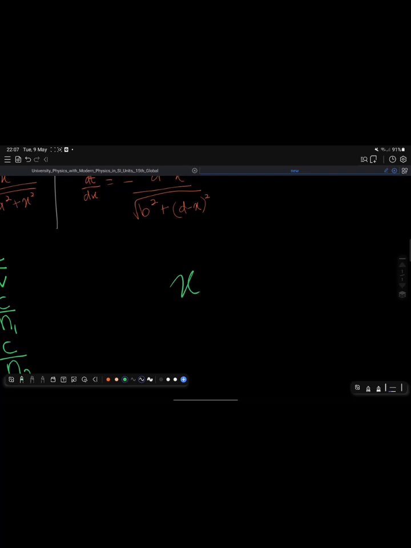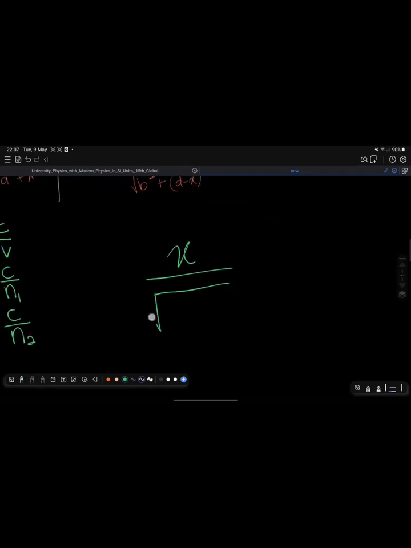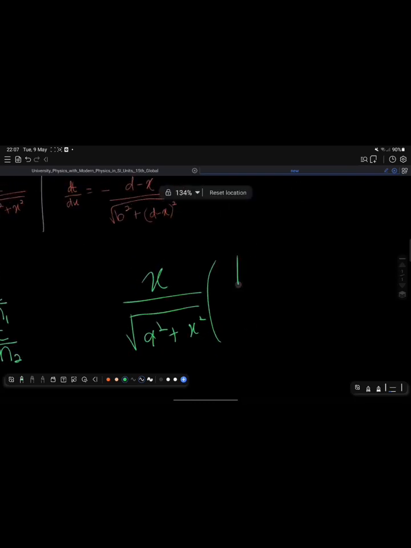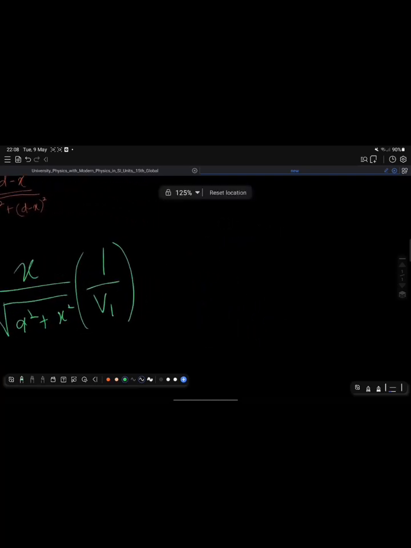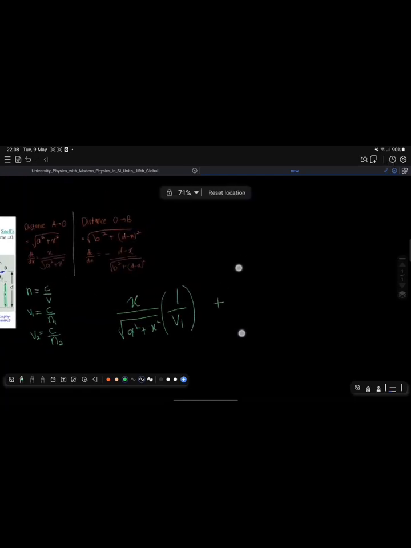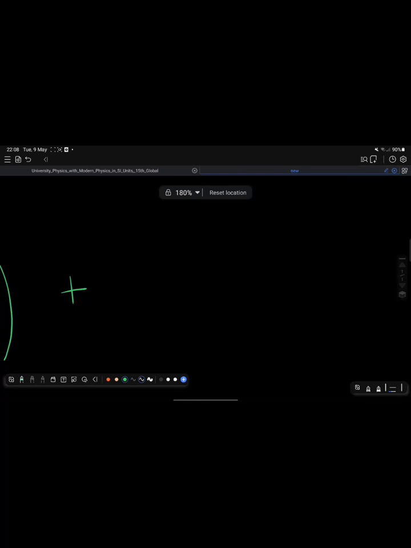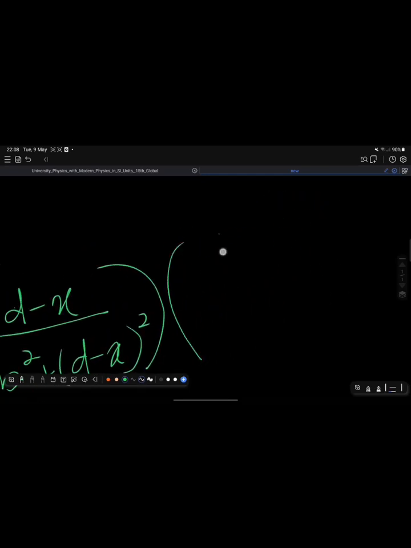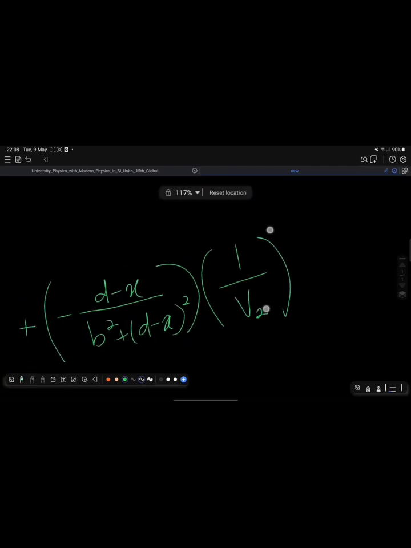So x over square root of a squared plus x squared times 1 over v1, the speed of light in medium 1, and (d minus x) over square root of b squared plus (d minus x) squared times 1 over v2, the speed in medium 2.